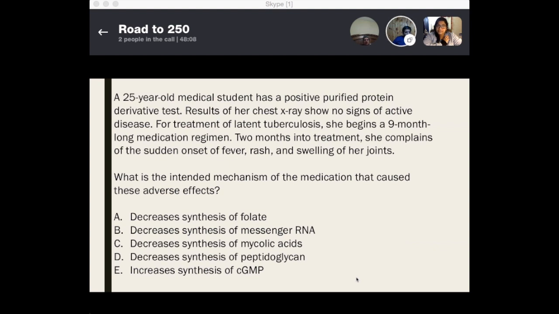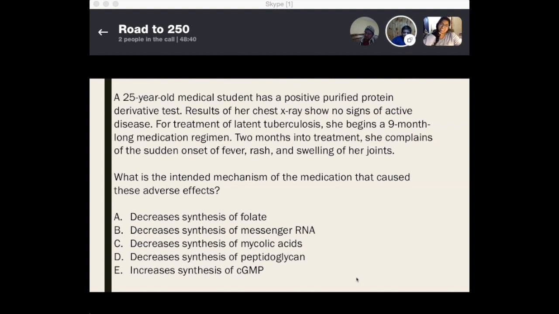Okay. So synthesis of folate is not the right answer. Synthesis of messenger RNA is not the right answer. Peptidoglycans would be in penicillin, from what I think. So that's not right. So I'm going to stick with C because E does not make any sense in this case.